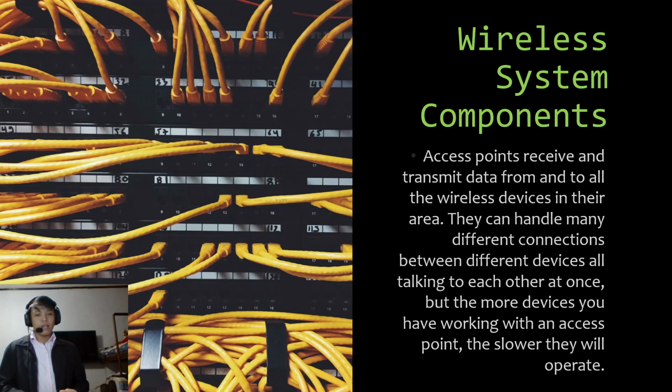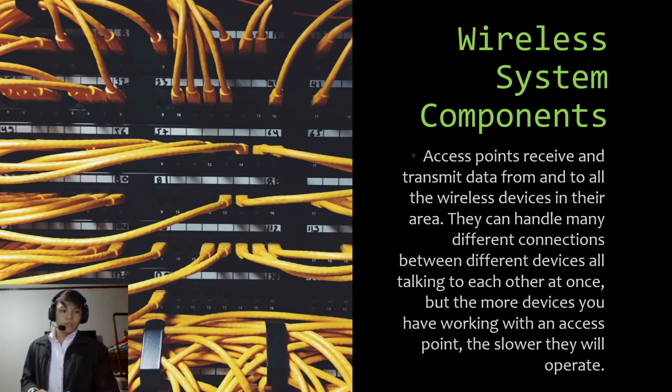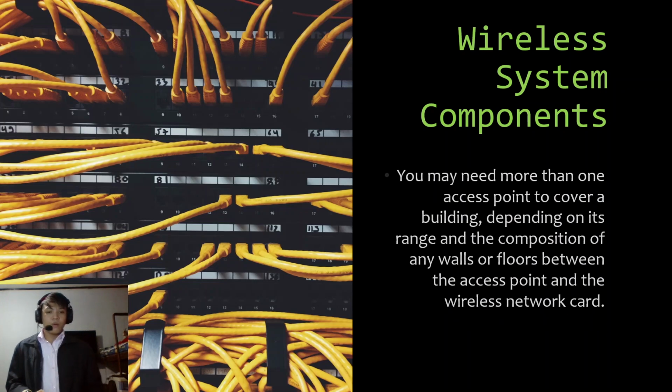They can handle many different connections between different devices, all talking to each other at once. But the more devices you have working with an access point, the slower they will operate. You may need more than one access point to cover a building depending on its range and the composition of any walls or floors between the access point and the wireless network card.